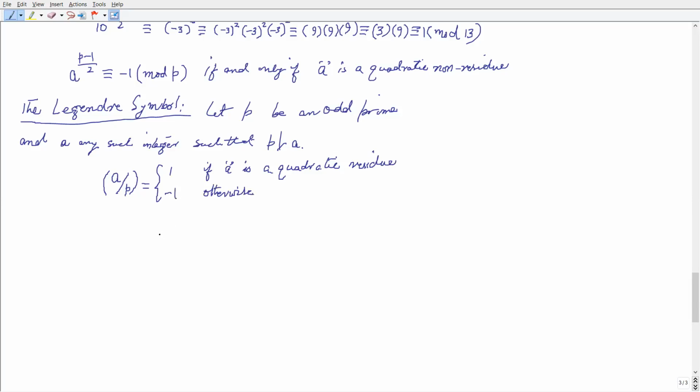That's the definition of the Legendre symbol. This is very important.